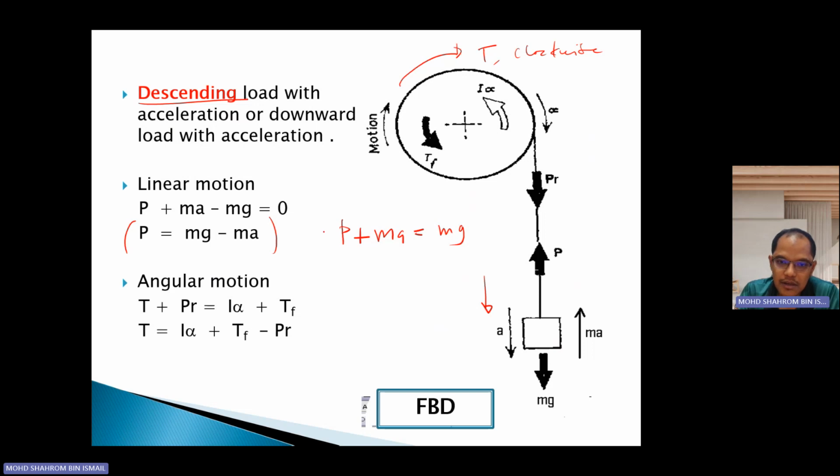So this is the equilibrium of the forces. If you rearrange, you are going to get P equivalent to mg minus ma.